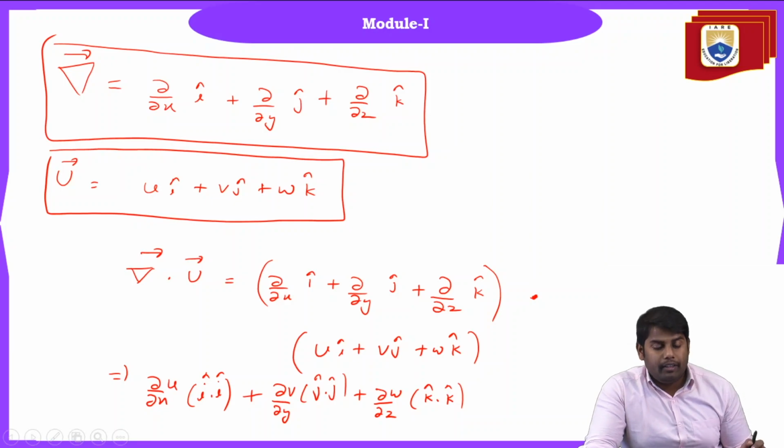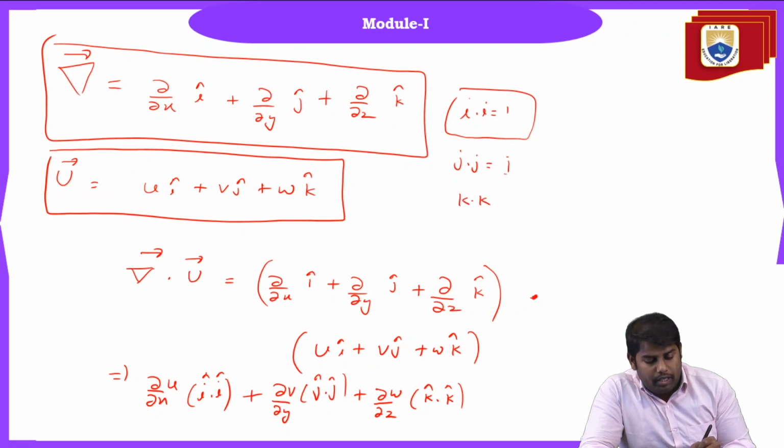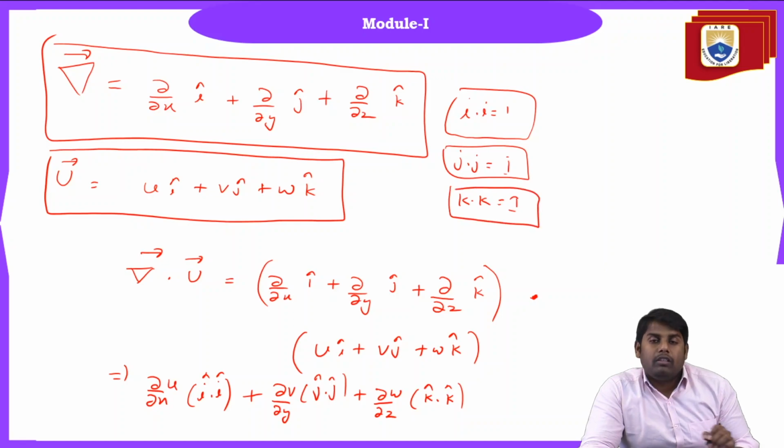In a vector entity, when you do the dot product, i dot i we take as 1, j dot j we take as 1, and k dot k we take as 1.